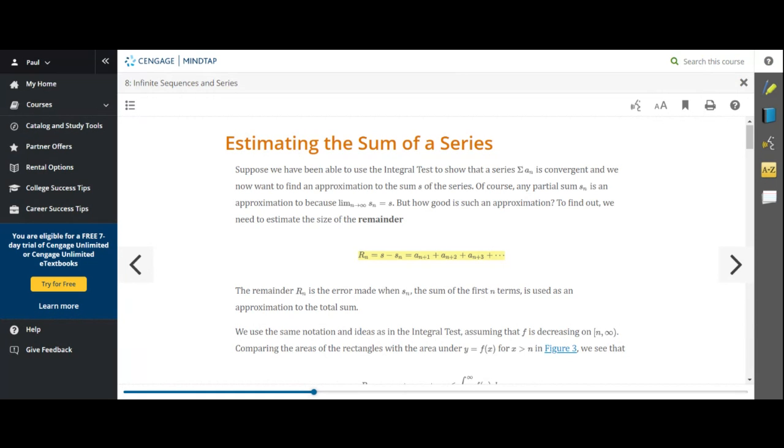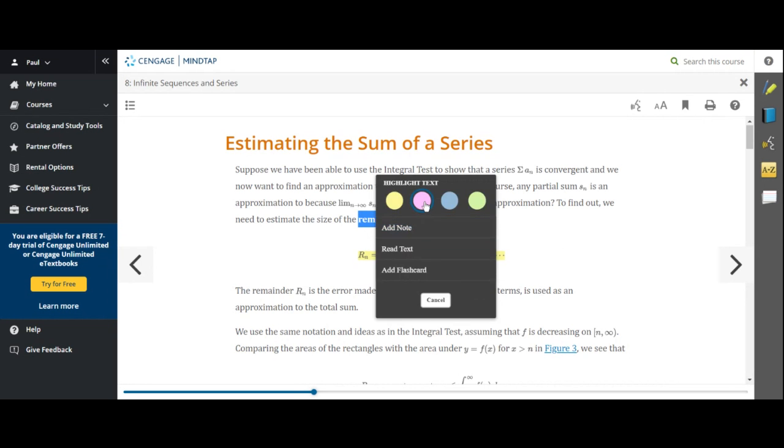But for other types of series that converge, where the terms are positive and decreasing, there may not be a formula to find the sum of the infinite series. So we have to estimate the infinite series, but whenever we estimate something, there's an error, or a remainder.